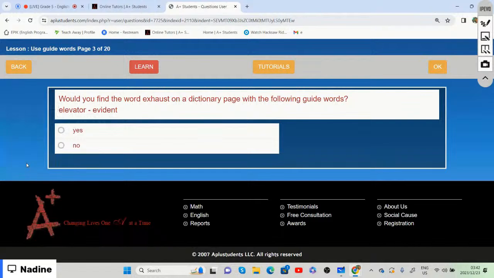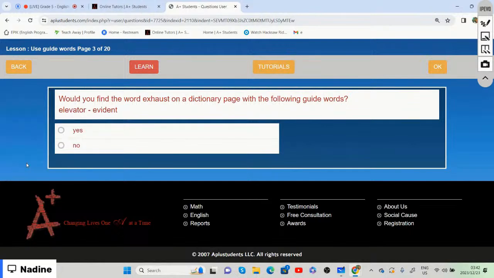So if they give you the two words, it means that the first word is the word that you'll find first on the page, and for example, evident will be the last word that you find on the page, and all the other words will be in between these two guide words, and it's in alphabetical order.